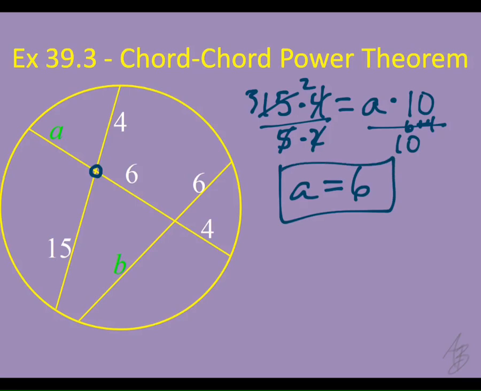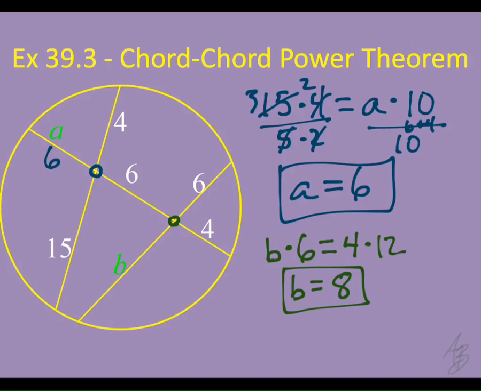Now we can solve for B. B times 6 equals 4 times 12. Good. We're using this intersection right here now, so it's going to be 4 on this side and 6 plus 6, which is 12, over here. Divide both sides by 6, and you get B equals 8.